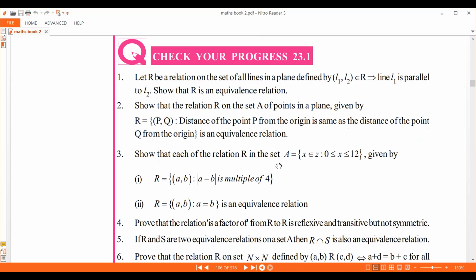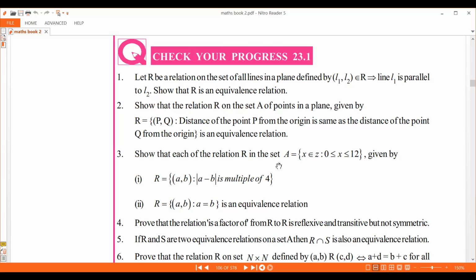You can try it for yourself. Show that it's an equivalence relation.